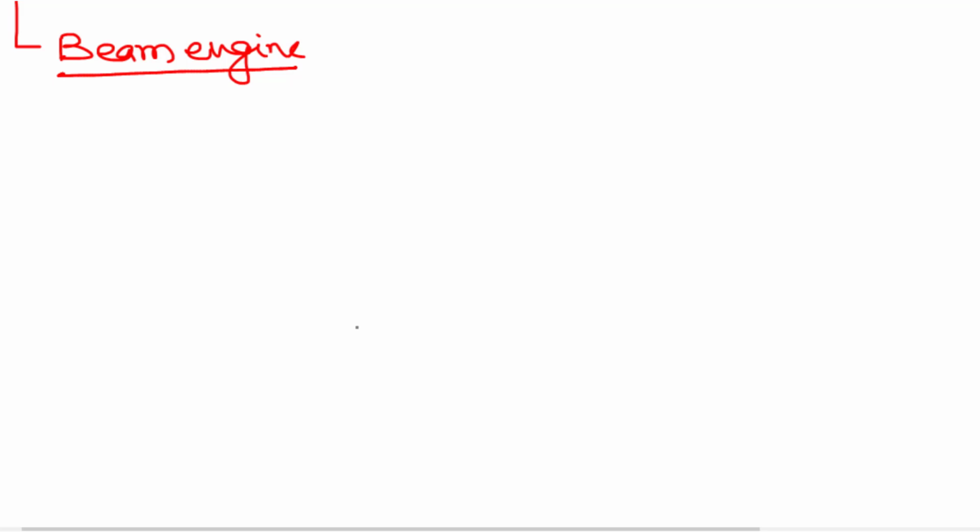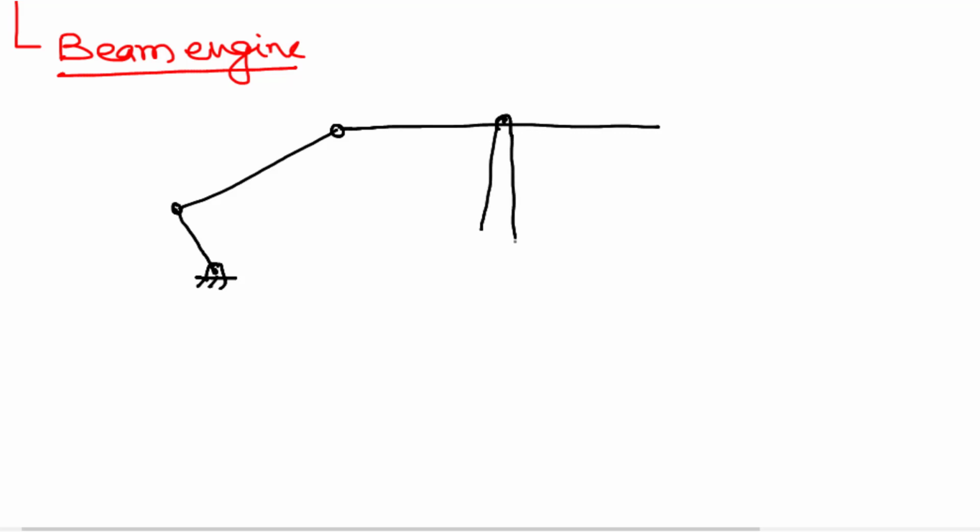First we draw this crank, this is frame, turning pair, and this is coupler, this is output.